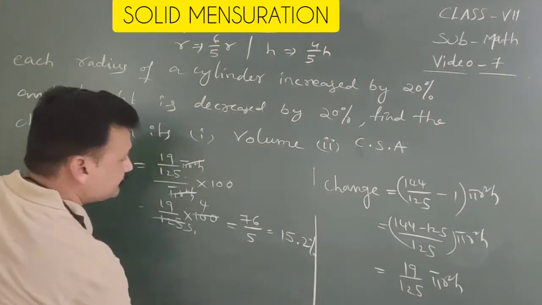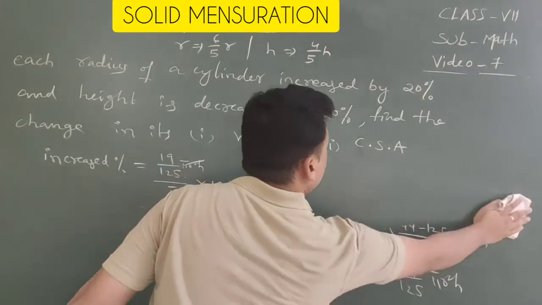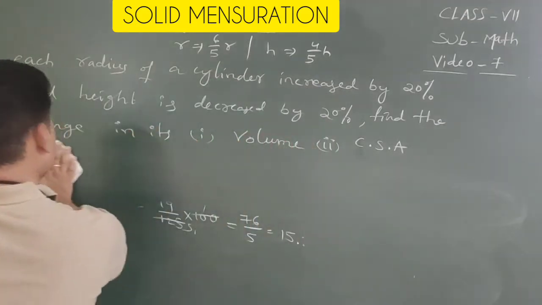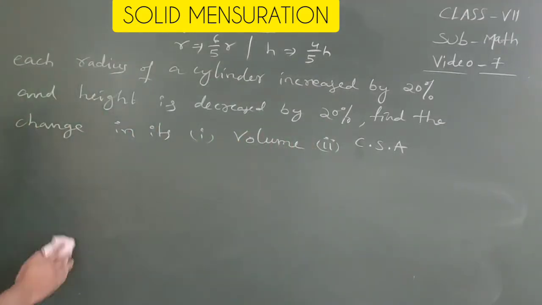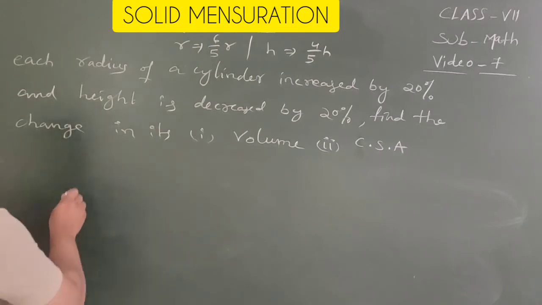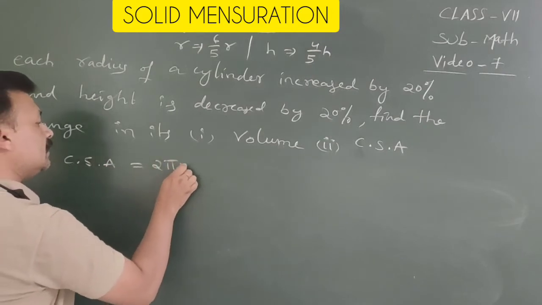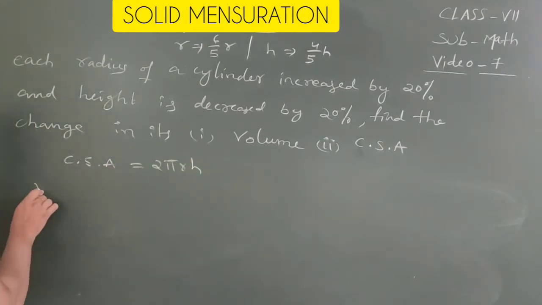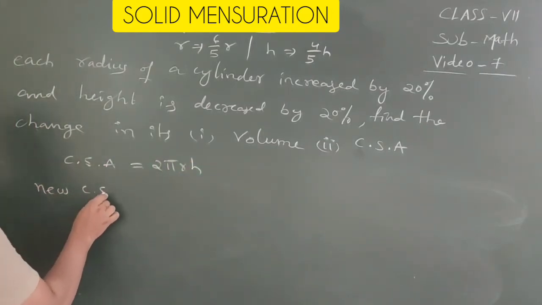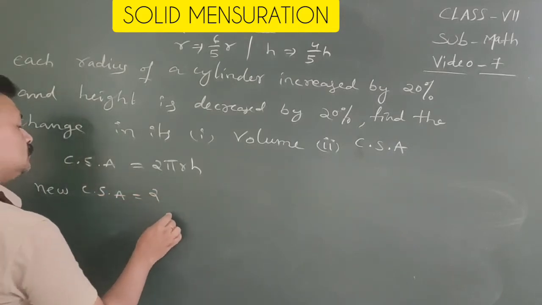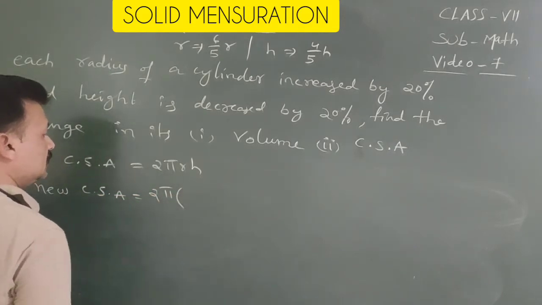That is changes in its CSA. In general, CSA is 2 pi RH. A new CSA is 2 into pi, no change here.